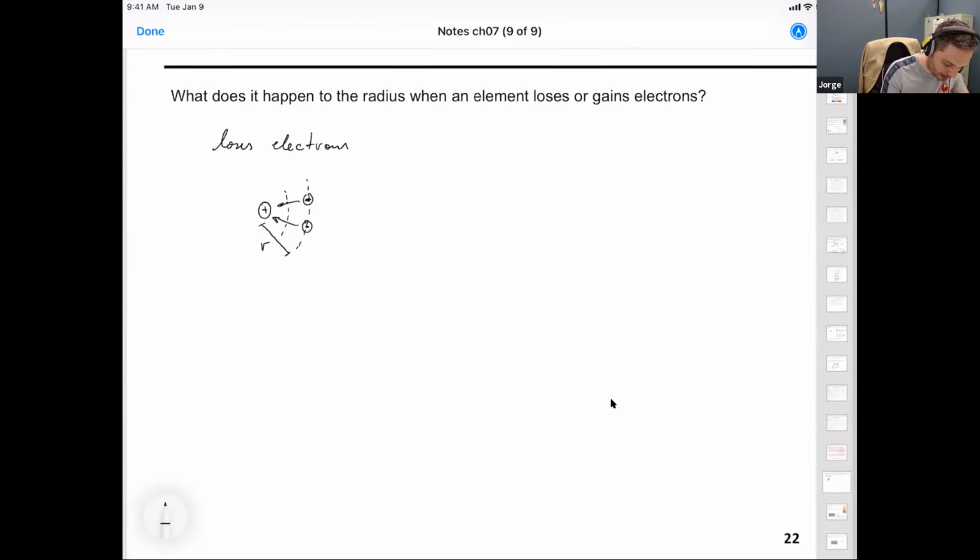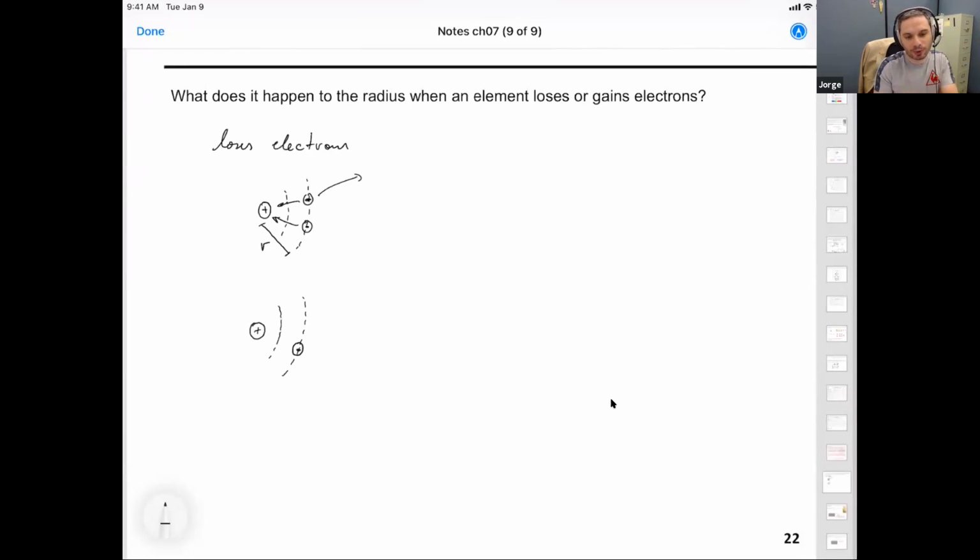the element. If we lose one electron, for example, now we have a situation where the number of positive charges is still the same. We still have two shells here. However, now we just have one electron in the last shell. Now the nucleus can focus all its attention on just one electron instead of two electrons.